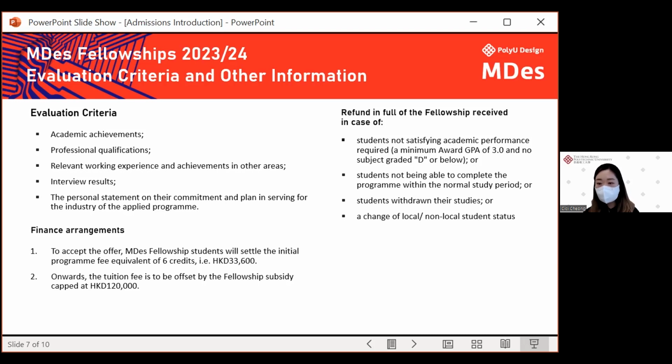You need to get a minimum award GPA of 3.0 and no subject grade D in order to get the fellowship. You also need to complete the program within the normal study period. You cannot withdraw your study or change your local or non-local student status. Otherwise, you may need to refund the fellowship.